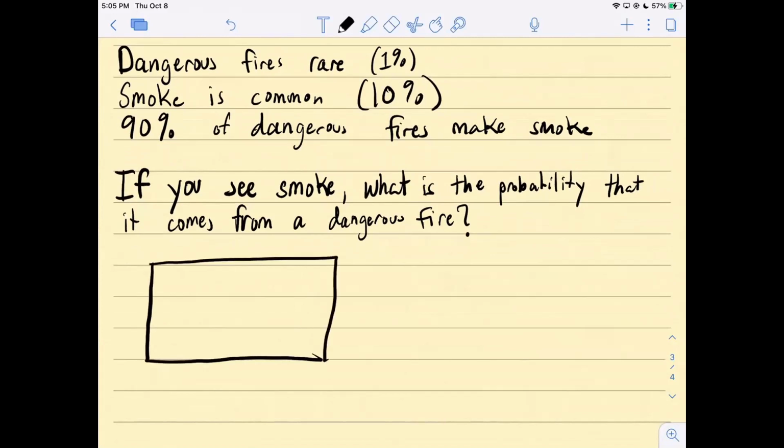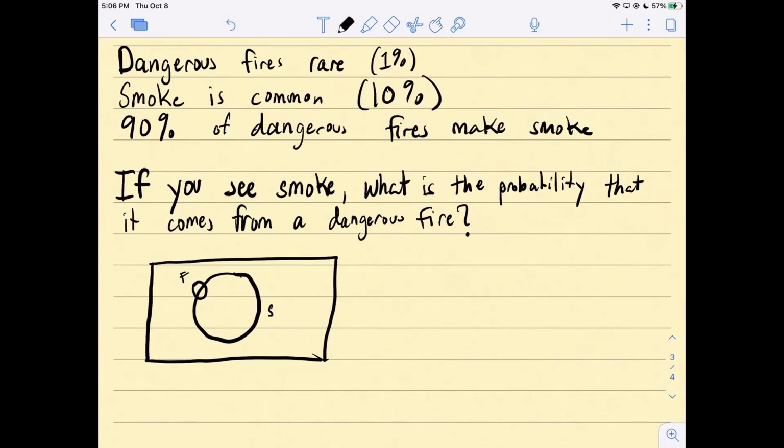So we have a smoke circle, which is that. This is 10%. And we also have events that are rare. This is dangerous fires, and this is the smokes. So how could you use that to answer the question?